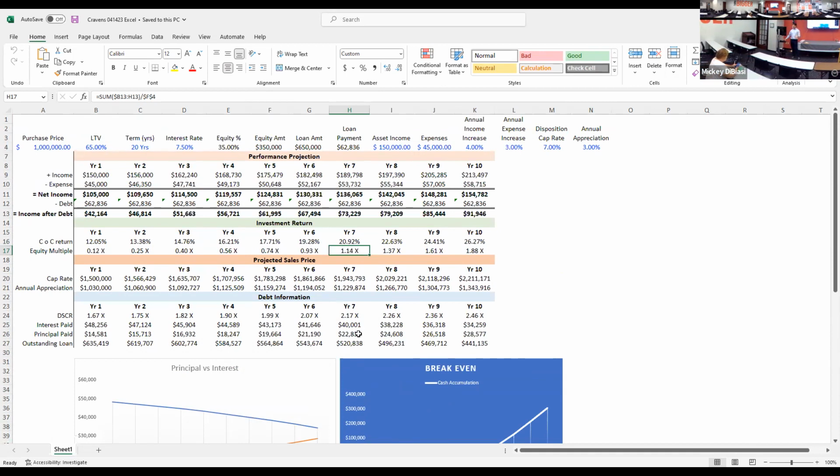So if you come down here to projected sales price, in year 1, $1.5 million, you bought it for $1 million. Year 2, you can see all the way down. In year 10, given a 3% annual increase, you're at $2.2 million.